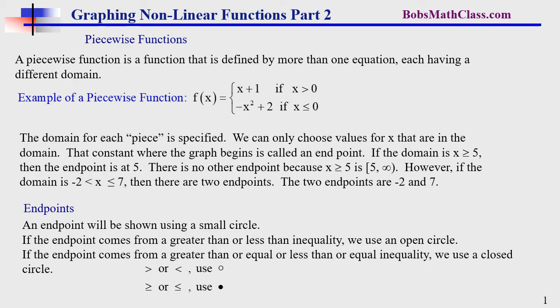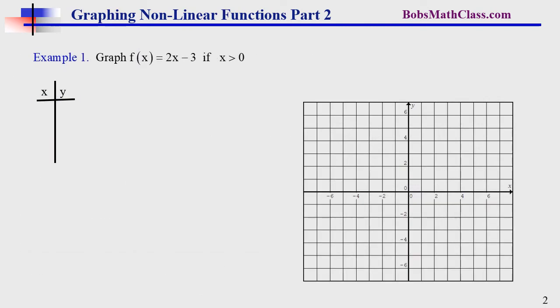Okay, here's our first example. Now this one's not a piecewise defined function, but what we're going to do is we're going to build up to it. So that's what this is right now, we're just getting ready for those piecewise defined functions. This one just has a restricted domain.